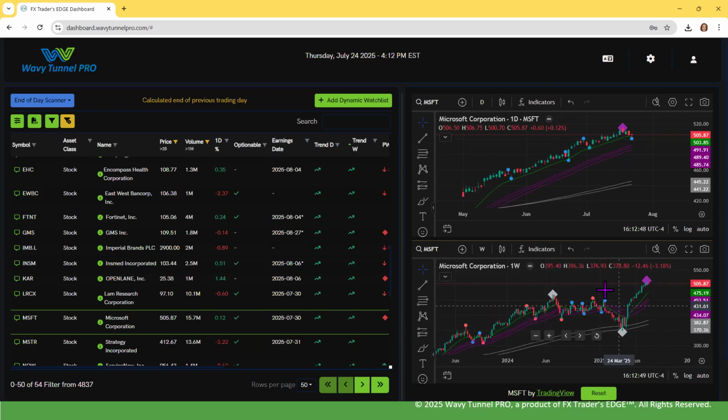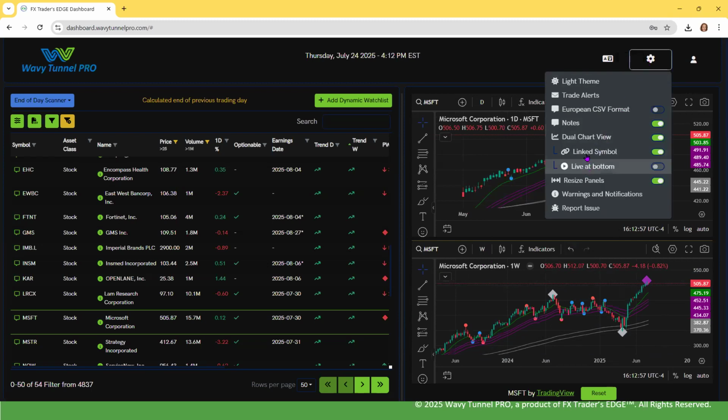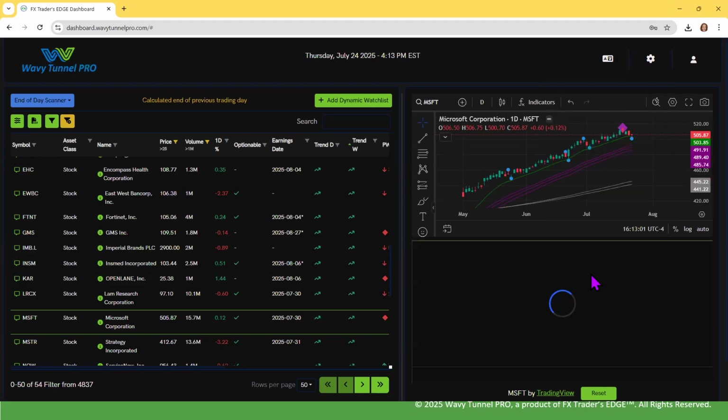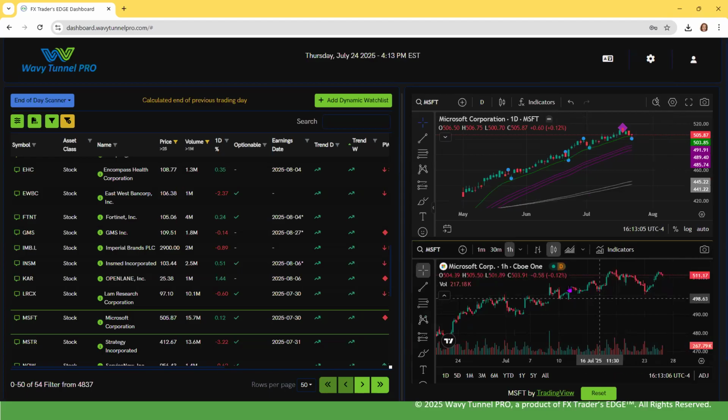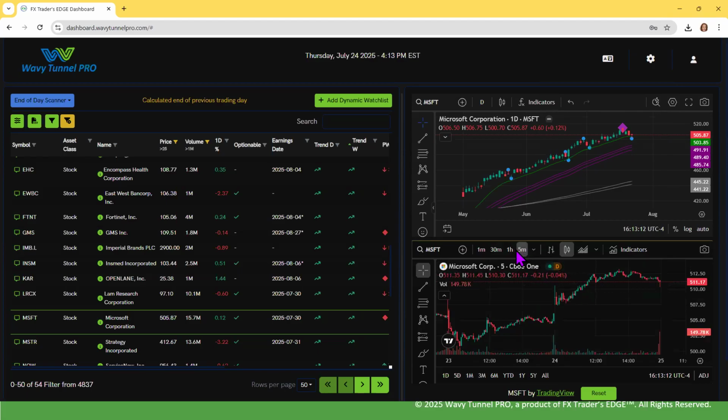Now, what you can also do, because this is an end of day scanner, if you want to see the live market from the day, then you can hit live at the bottom and we can see what Microsoft did during the day. So this is the hourly chart. You can put up whatever time frame you want, the 5-minute chart, the 15-minute chart.